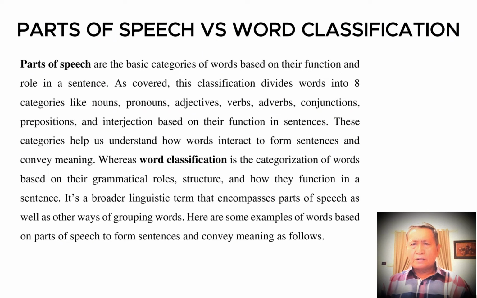Parts of speech are the basic categories of words based on their function and role in a sentence. As covered, this classification divides words into 8 categories: nouns, pronouns, adjectives, verbs, adverbs, conjunctions, prepositions, and interjections, based on their function in sentences.